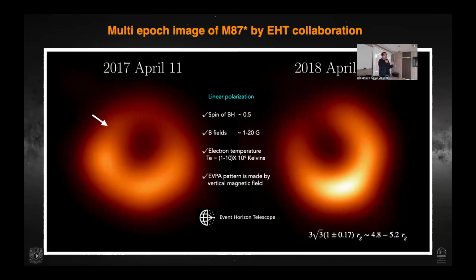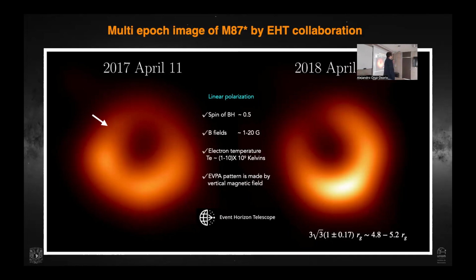Basically, people are also using polarimetry to measure the morphology of the magnetic field close to the black hole. And theoretically, we predicted long ago that the morphology of the magnetic field is a spiral. For M87, or scenarios where we have a jet, the magnetic field is going in a spiral in the jet, okay?